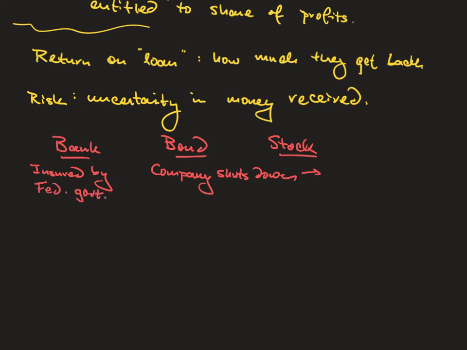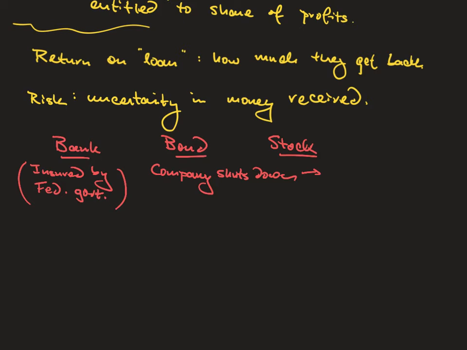So even if your bank shuts down or runs out of money, the federal government promises they're going to cover whatever money you save in the bank. So putting your money in the bank has very, very low risk. You are almost guaranteed that you're going to get your money back.